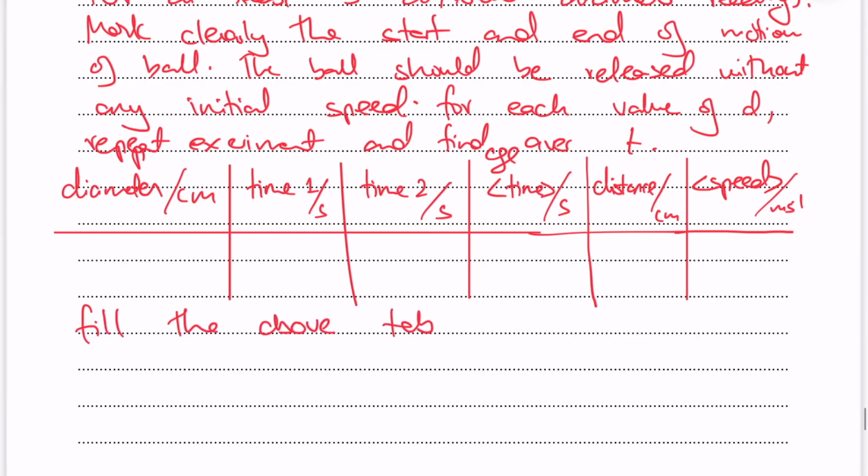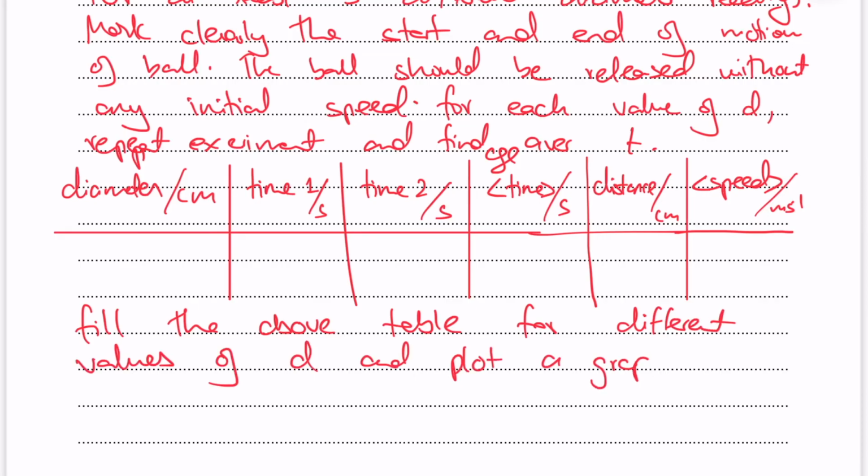Fill the above table for different values of D and plot a graph of average speed against diameter.